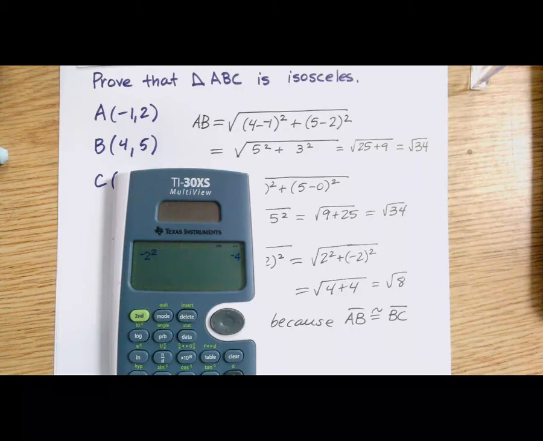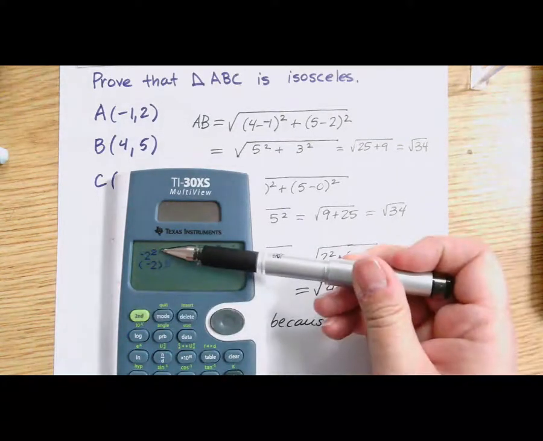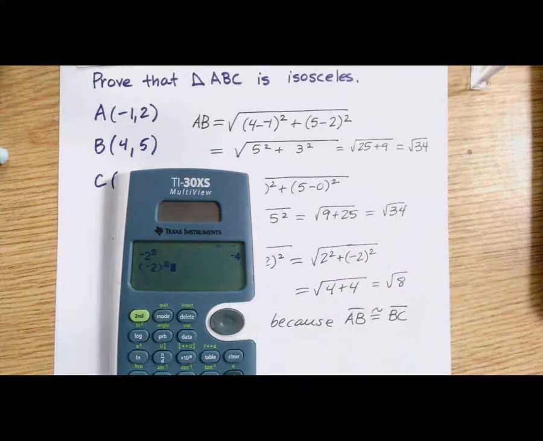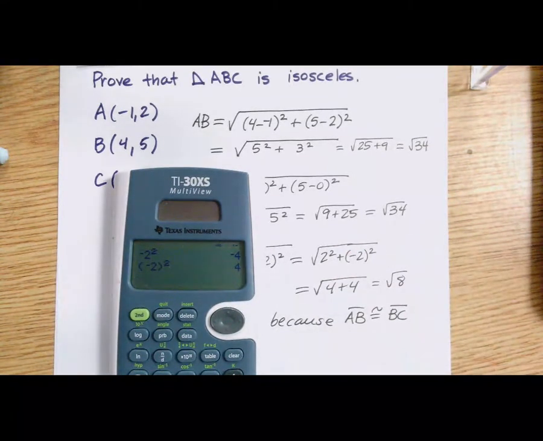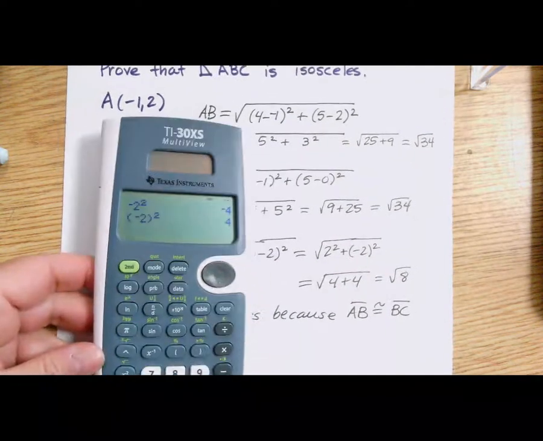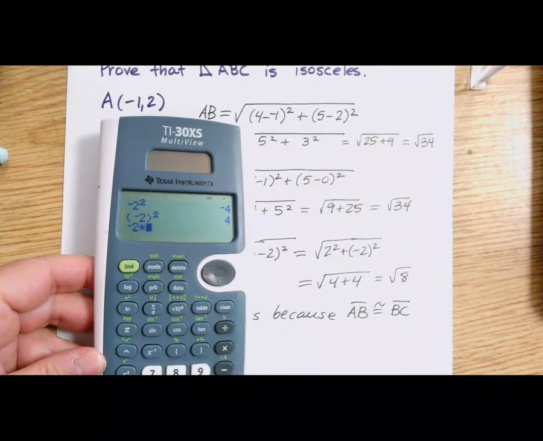So if you want to square a -2, you have to include the negative in squaring by using parentheses. Keep in mind that if you're confused about that, remember what squared means. You can always just do -2 times -2.